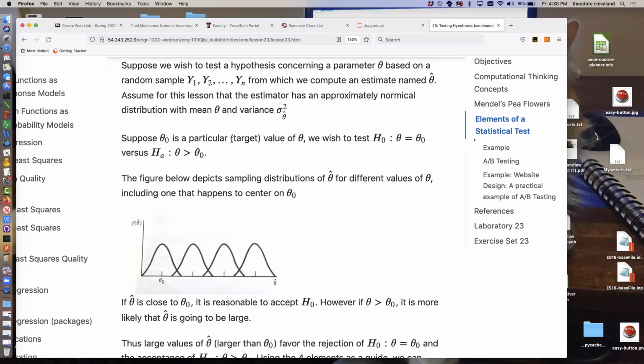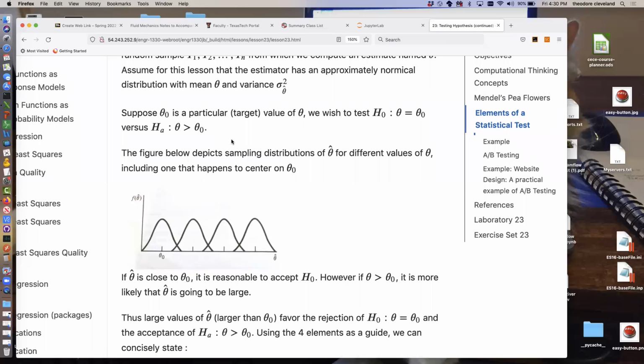The picture below is intentionally confusing. It's showing various distributions of theta hat. Remember, theta hat is an estimator that we get from a sample for different values of theta sub i, including one that happens to center on theta sub 0. So if in some particular sample, we get a sample that happens to fall right there, and we think the population one is here, we're probably going to conclude that we're going to reject our null hypothesis.